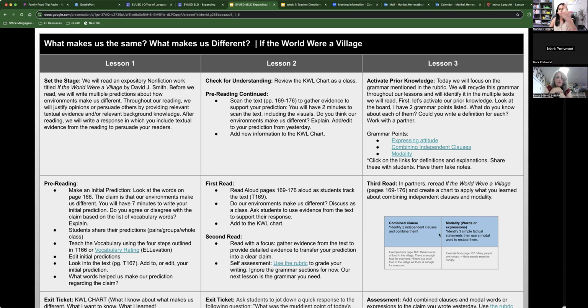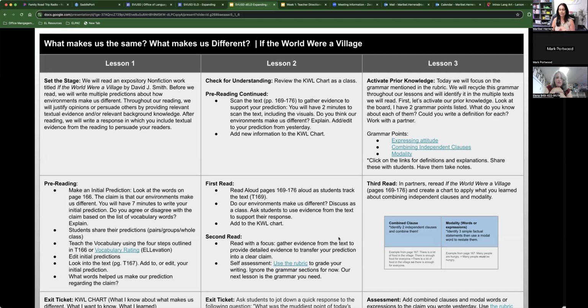Then they're going to go back and look for the grammar examples in the text. Again, it's a formula. Every lesson 1, lesson 2, lesson 3 formula looks the same for every text. This helps you really be able to engage with the text, and it gives students the understanding of what's coming next and the expectation.